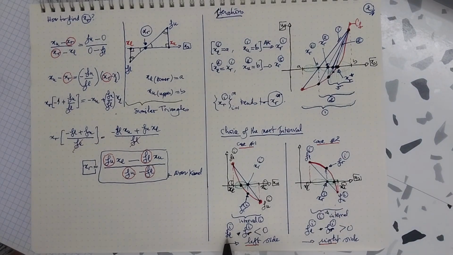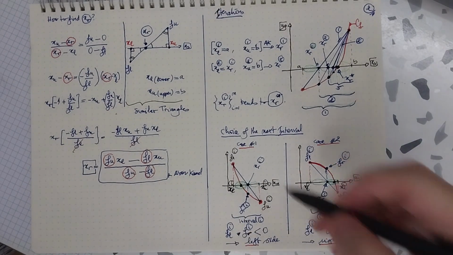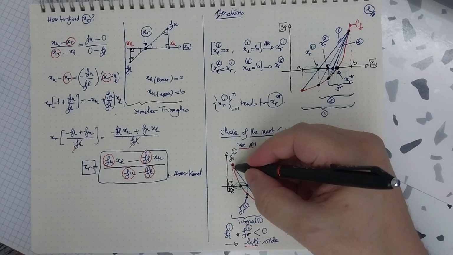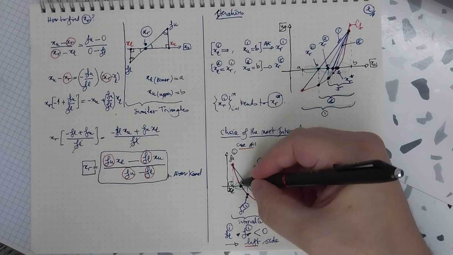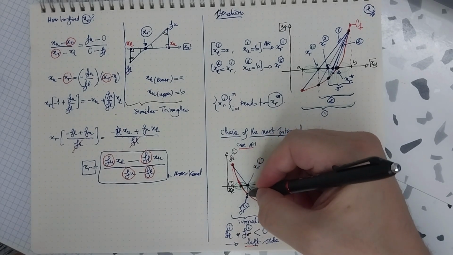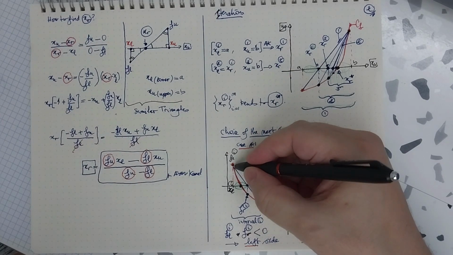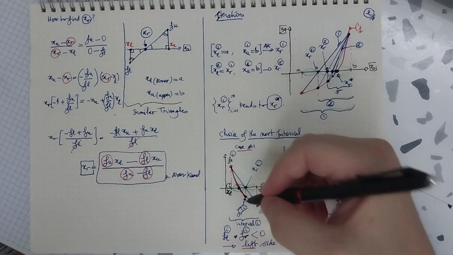So there are only two cases to catch the next interval. See the sign of FL and FR. And actually, you don't have to perform the product. You just compare the signs. If FL has a different sign from FR, it's at the left. This arc, this part of the curve, has crossed the x-axis.